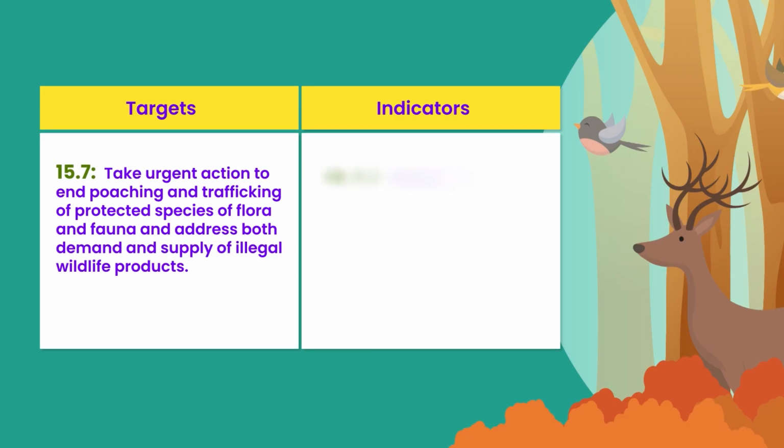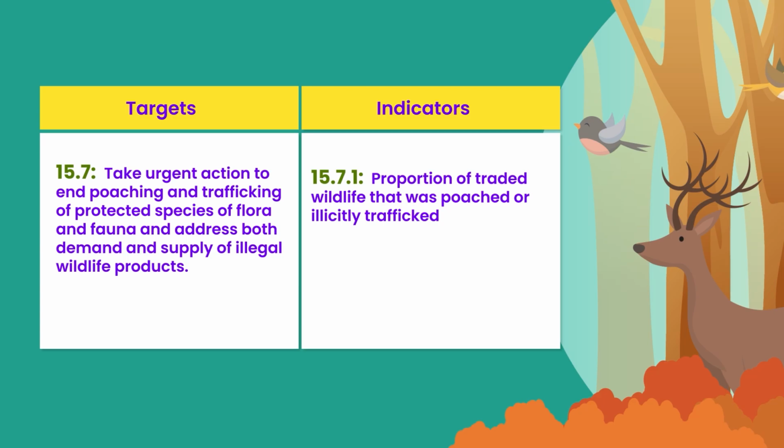When demand is high and there is less chance of supply, then illegal activities happen. To look into that, we have the indicator: proportion of traded wildlife that was poached or illicitly trafficked.